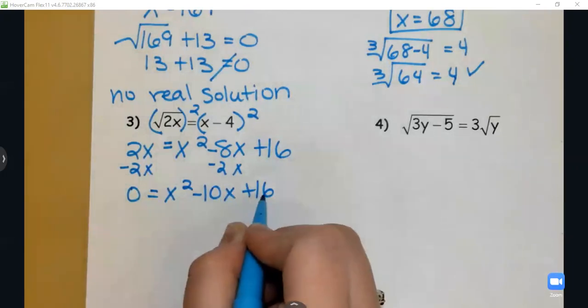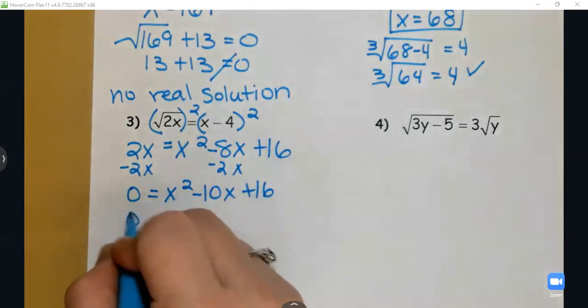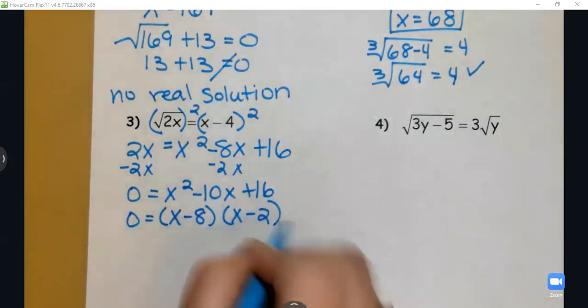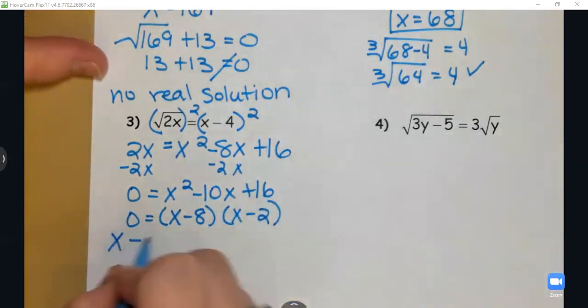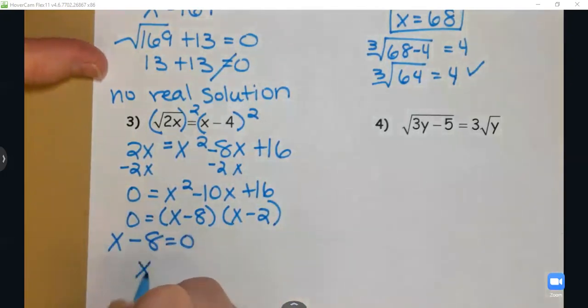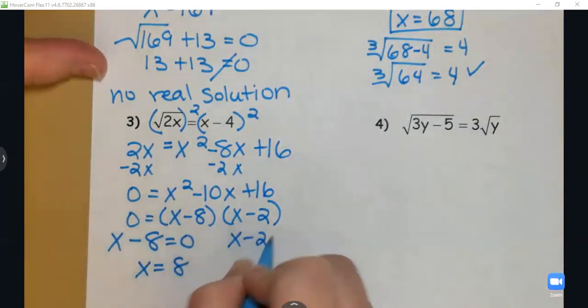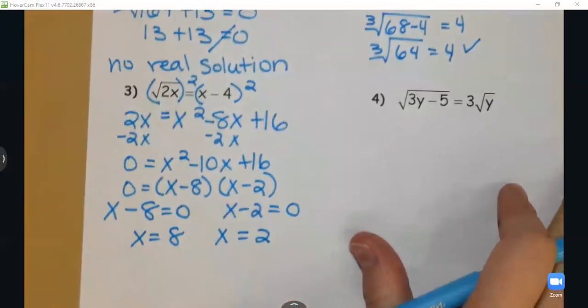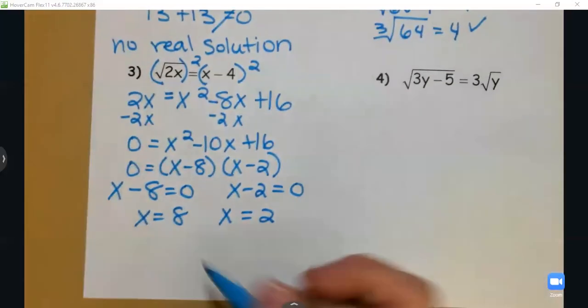So factors of positive 16 that add to negative 10 are negative 8 and negative 2. So our two solutions are going to be positive 8 and positive 2. Now, again, we need to check these solutions by plugging them back into our original equation.